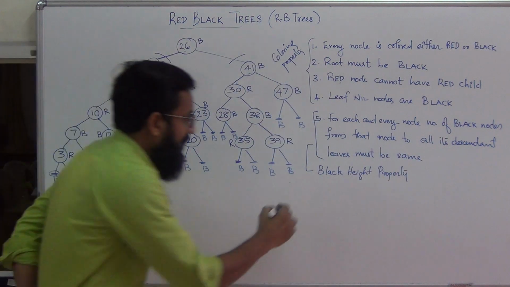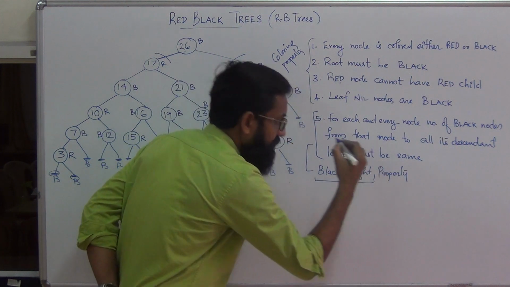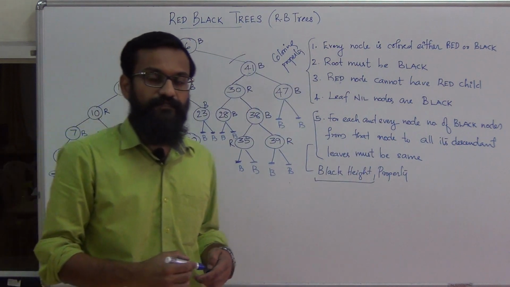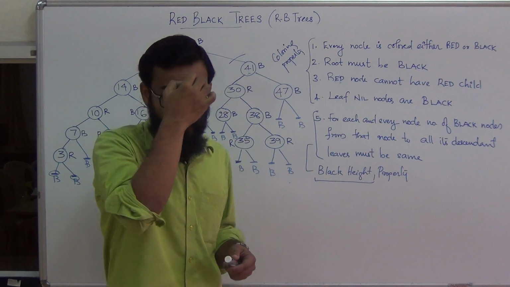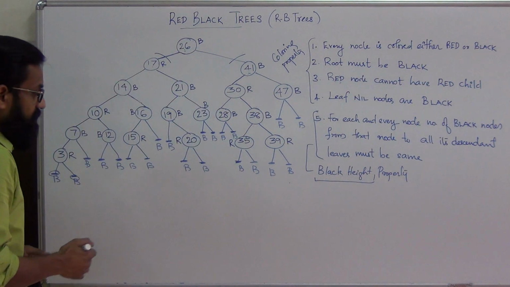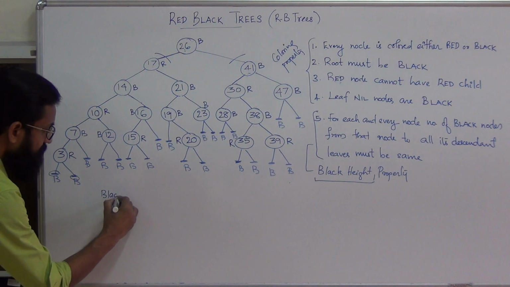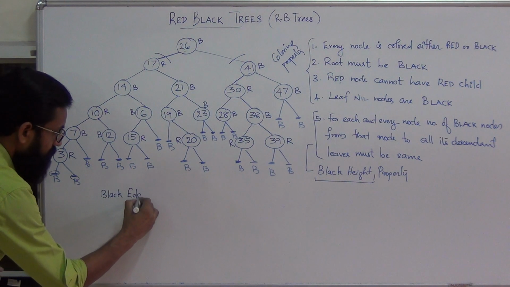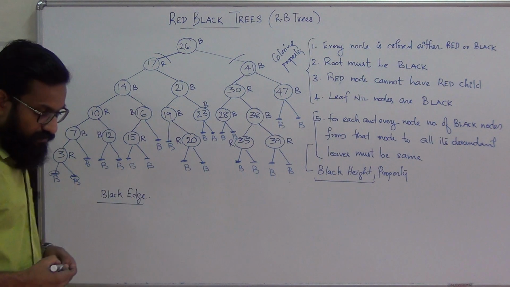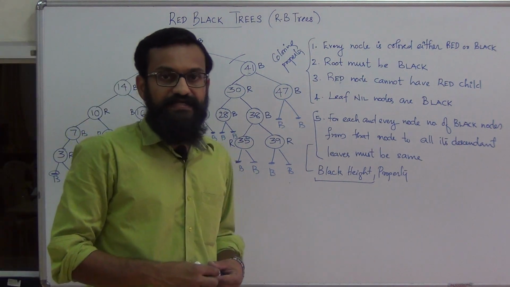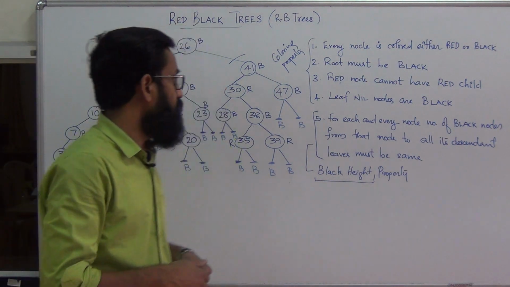So what do you mean by black height? How will you define black height? Black height is actually defined for each and every node. In order to define black height, first we have to define a black edge. A black edge is defined as an edge towards a black node.